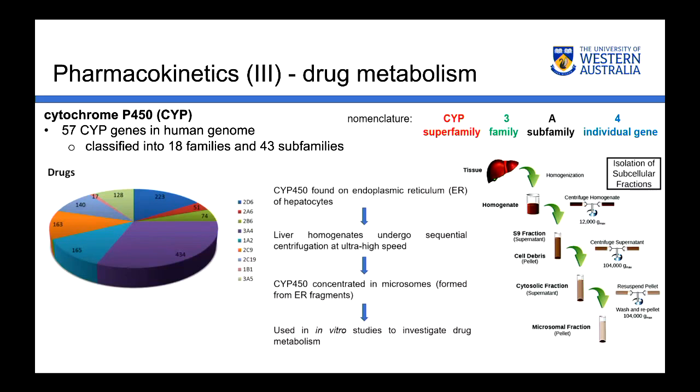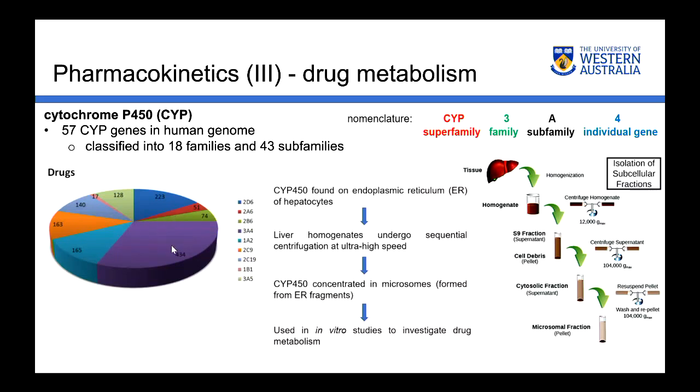Now, I'm going to talk about one important drug metabolizing enzyme and an in vitro method for us to investigate whether a drug undergoes cytochrome P450 mediated metabolism. So this is important. I won't go into the classification and so on, or the nomenclature, CYP3A4 for example, but I just want to highlight some of the important CYP enzymes.